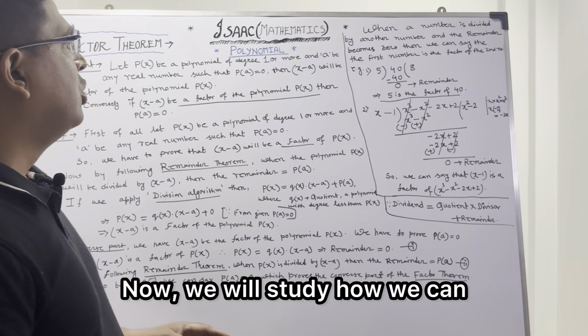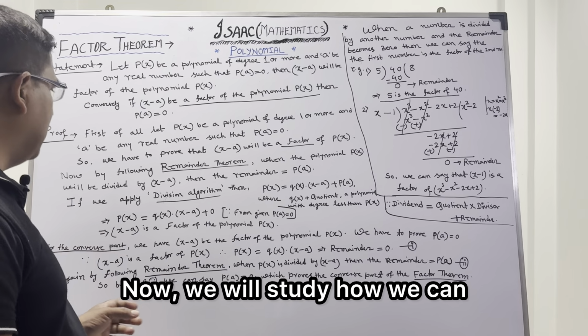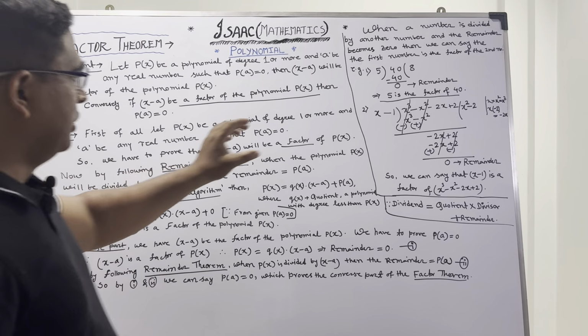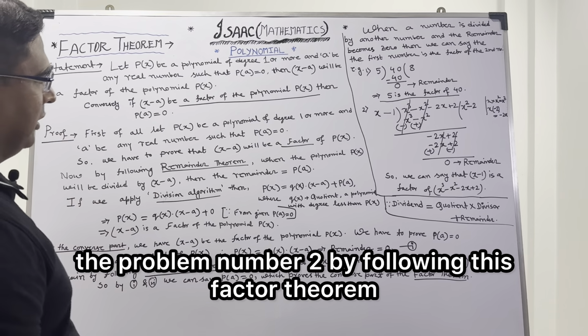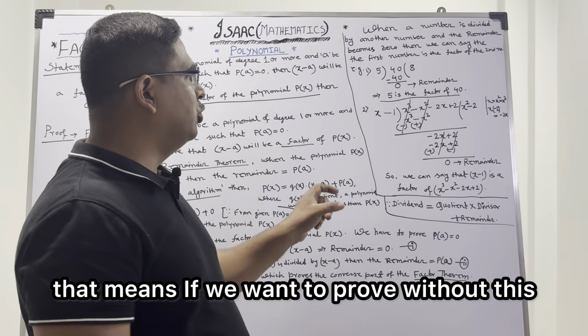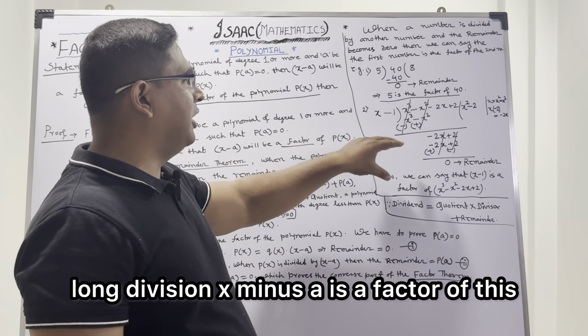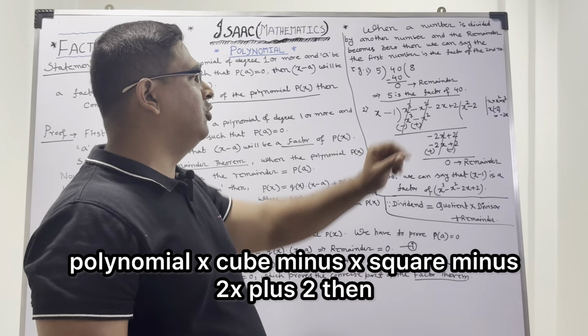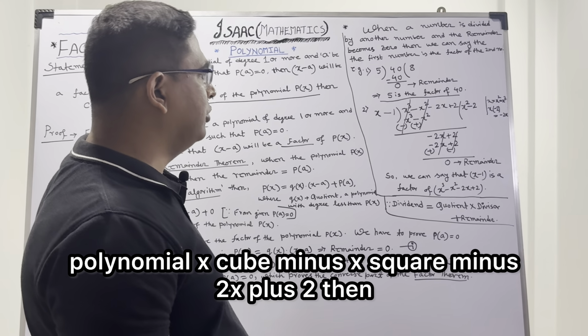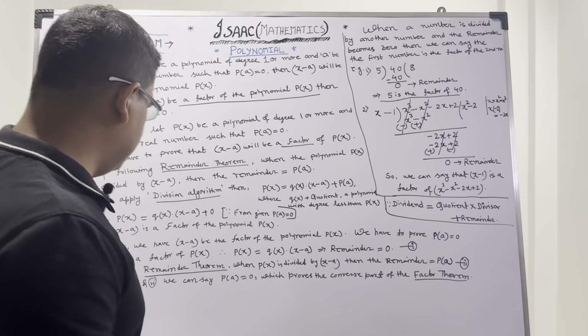Okay. Now we will study how we can prove problem number 2 by following this factor theorem. That means if we want to prove, without this long division, that x minus 1 is a factor of this polynomial x cube minus x square minus 2x plus 2, then how can we proceed.